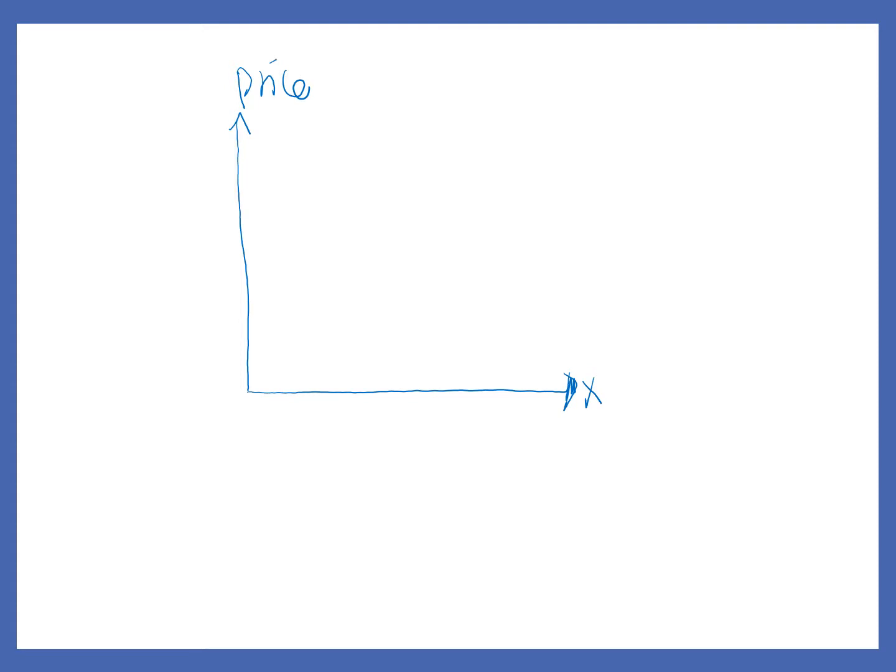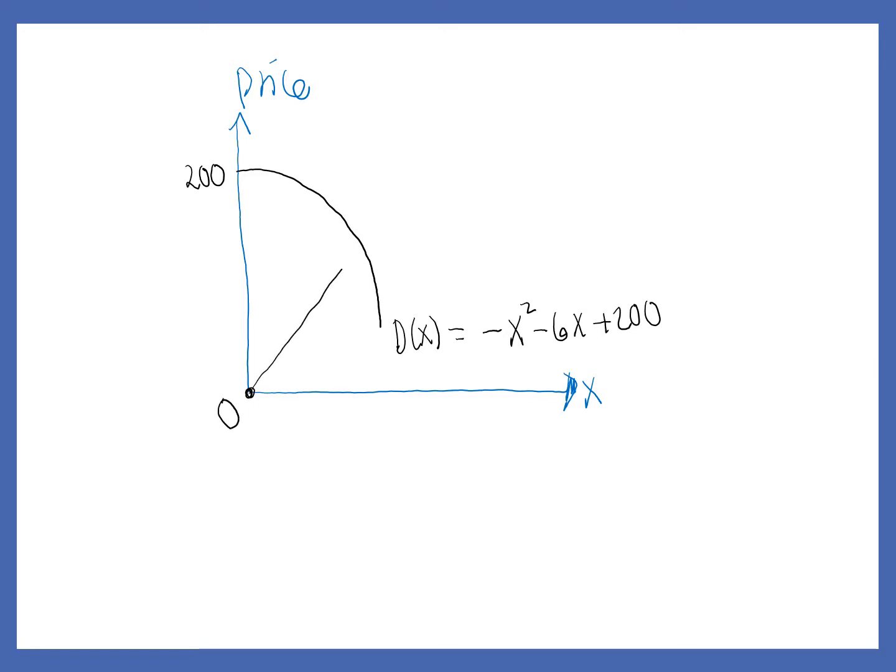So the first one is the demand function, which is represented by the curve. Our demand function is negative x squared minus 6x plus 200. That means the y-intercept is 200. The second one, right, starts from the origin 0, and this is a straight line.